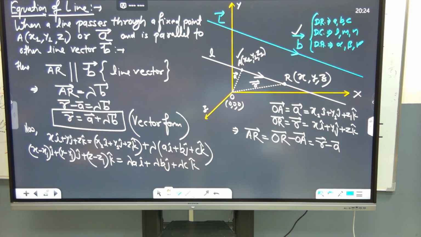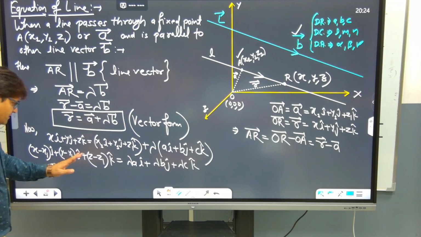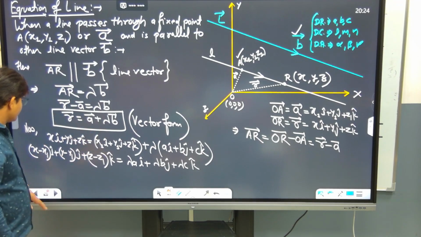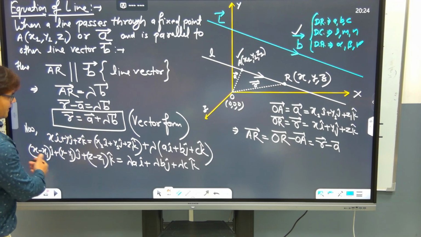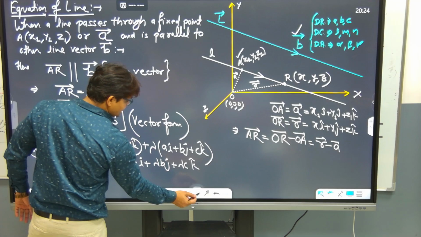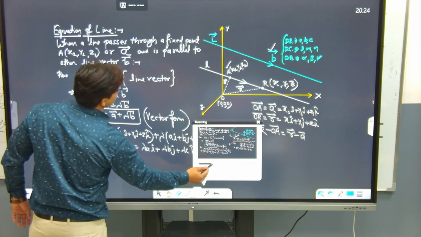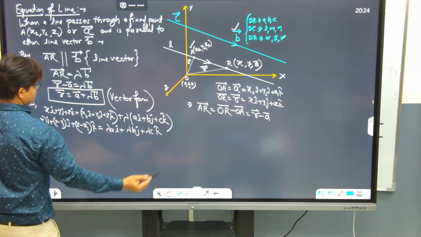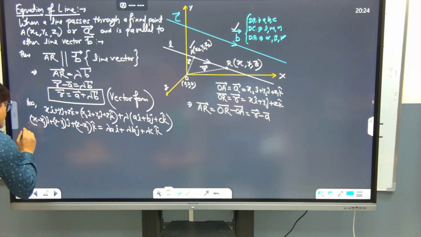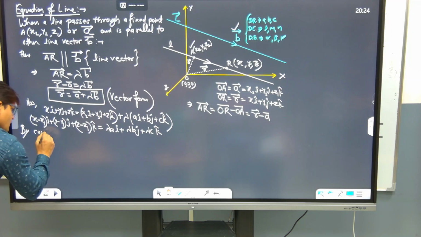Now by the definition of equal vectors, every component of i-cap, j-cap, k-cap should be the same. So by comparison of these vectors, we can write these values.